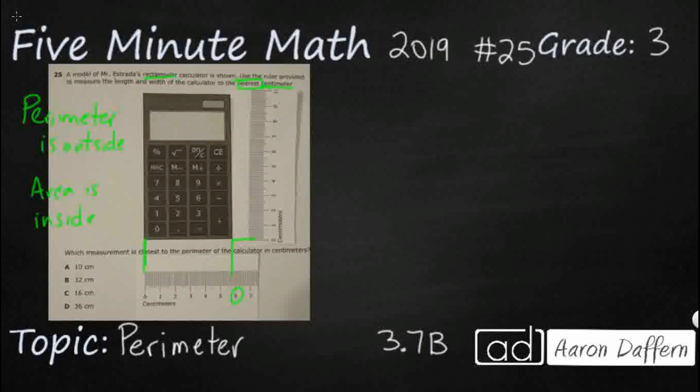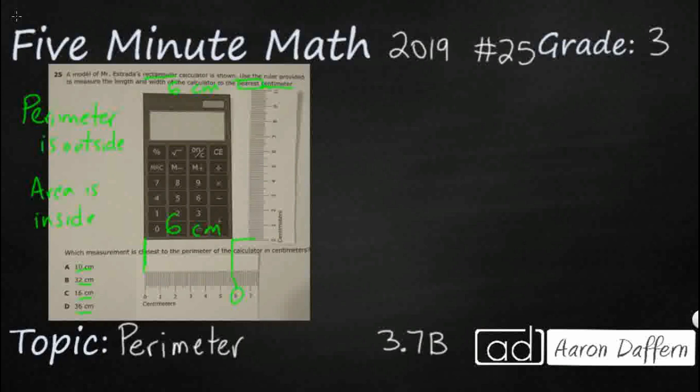If you take a look at your 4 answer selections, we're not going into the millimeters, we're not going into decimals. So what is it nearest? Well, it's nearest 6, so we can just call this 6 cm right here. And we can also count the top as 6 cm. We don't have to measure it, because since it's a rectangle, if the bottom is 6 centimeters, the top is going to be 6 centimeters.